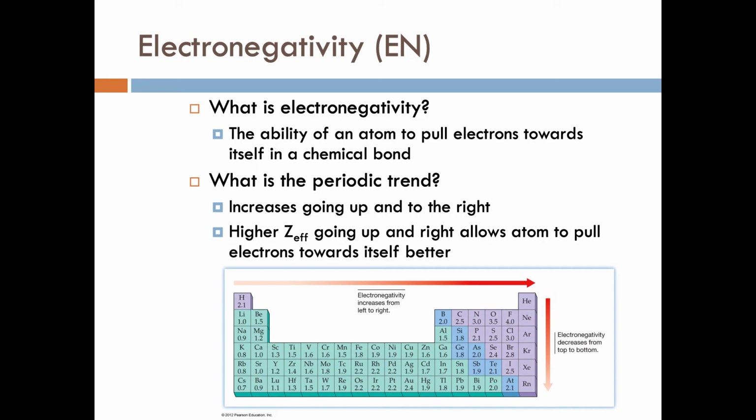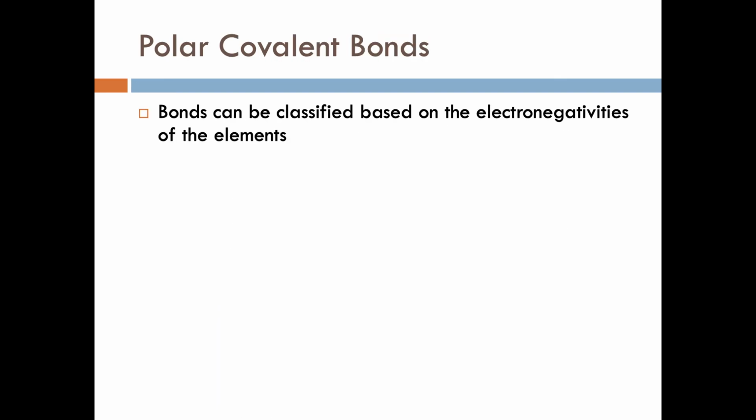So if fluorine makes a covalent bond to some other nonmetal, like nitrogen or sulfur, since fluorine's electronegativity is so much bigger, fluorine's still going to pull most of the electrons towards itself. You're not going to end up with a full ionic interaction, but you are going to end up with something that's not really an even sharing of those electrons. And we do have some terms to help describe what that represents.